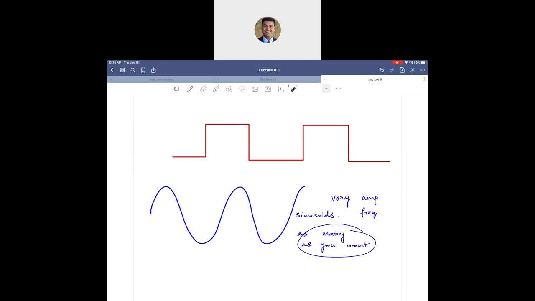I can take a bunch of sinusoids and make them into a square wave by changing their amplitudes and by changing their frequency, and by adding one on top of the other, I will be able to go from those sinusoids which do not have any flat nature to them. They have a smooth up and down, and I can go to a square wave. In fact, I can go to any periodic signal.